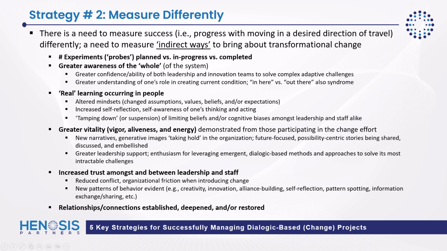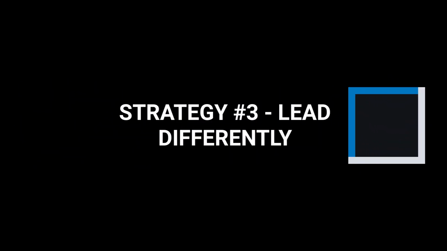And lastly, we could measure whether relationships and connections have been established, deepened, or restored, whether there's better collaboration amongst and between people and functions. So all of these examples reflect different indirect ways that we can measure bringing about transformational change, leveraging the dialogic-based method.